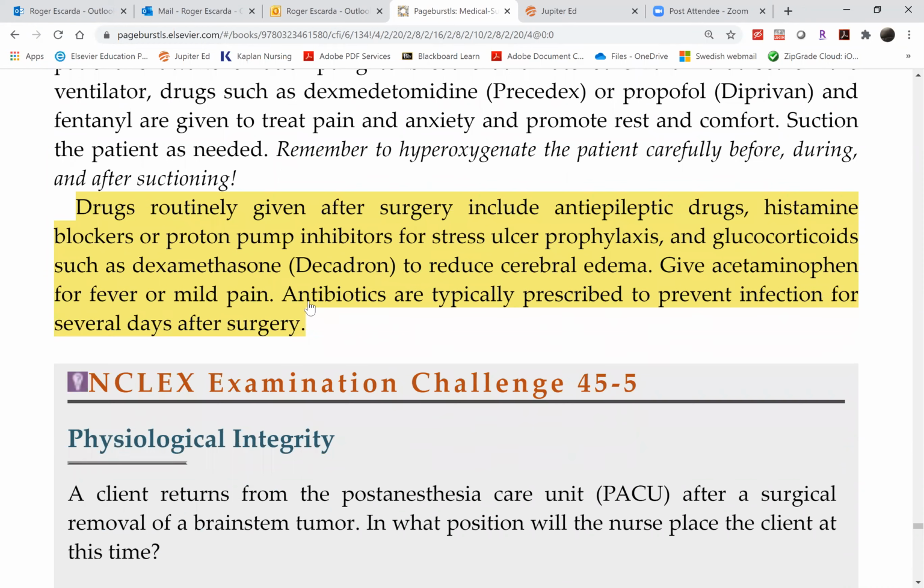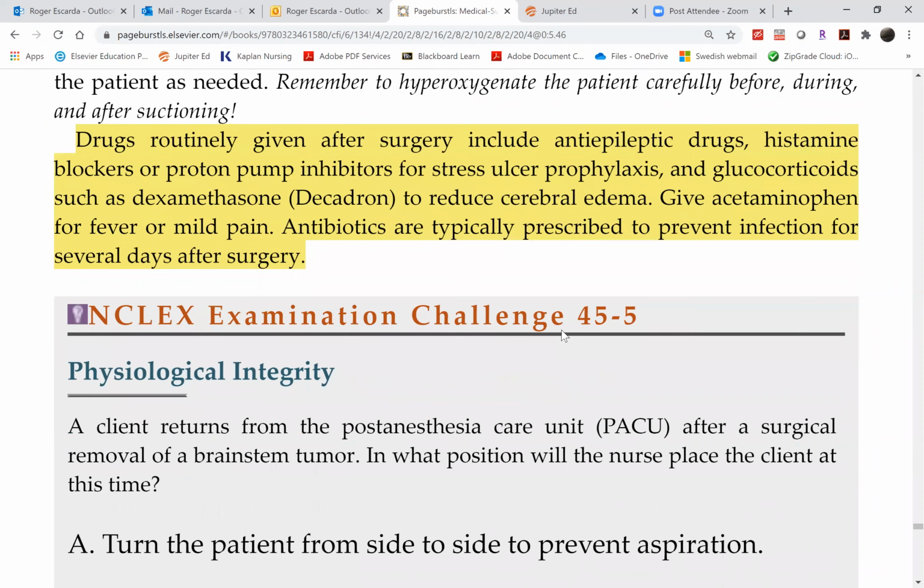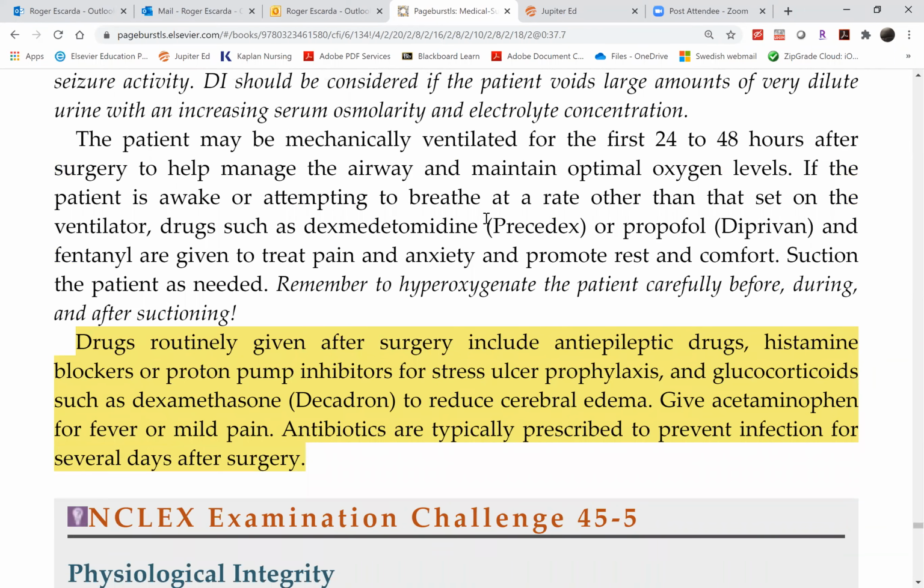Tylenol is only for mild pain and for fever. And then this antibiotic is usually prescribed both topically and also IV. But the IV one will only be if the patient has surgery, which the patient has in this case.